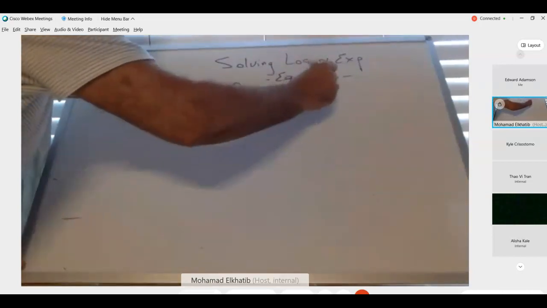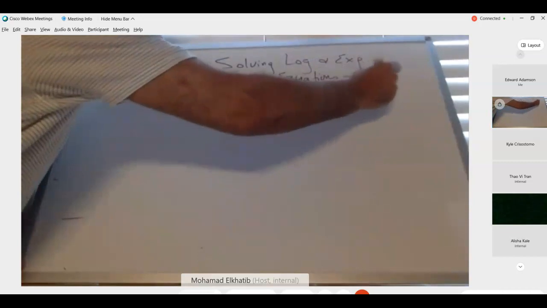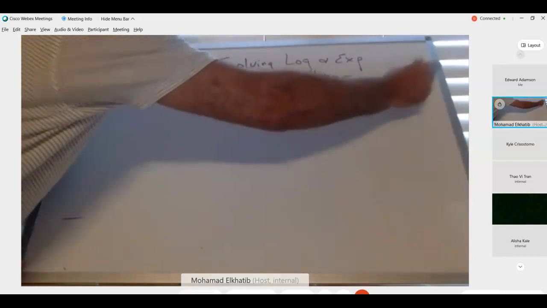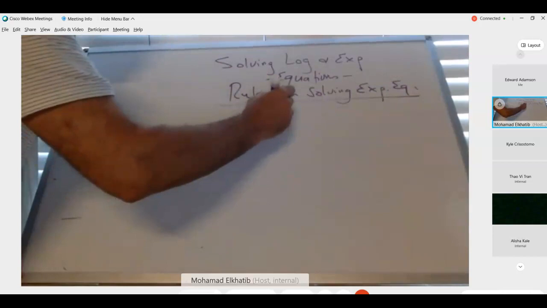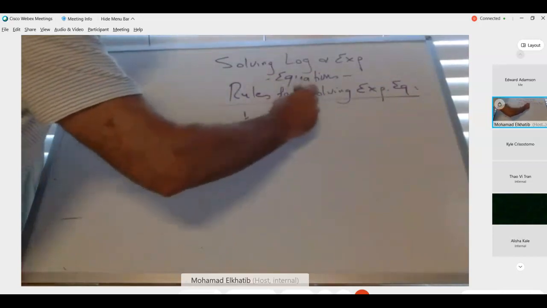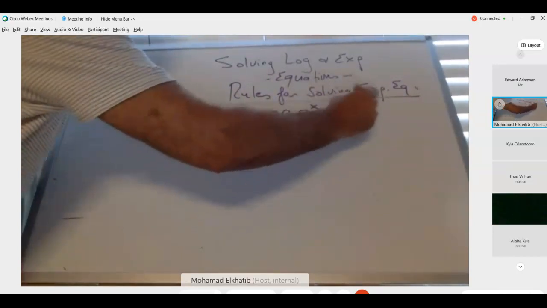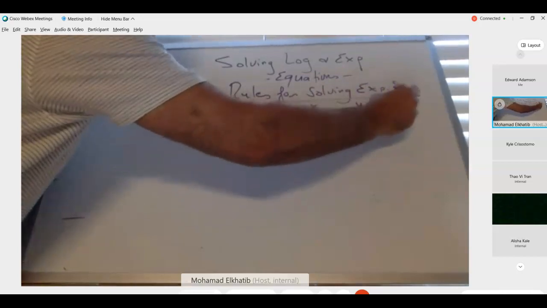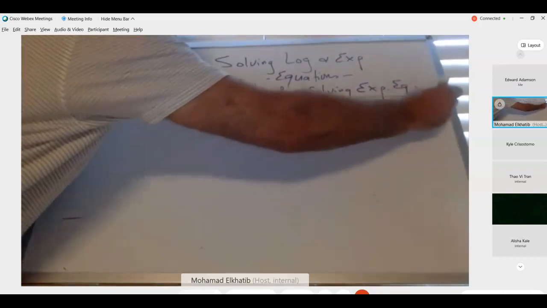Rules for solving exponential equations. Rule number 1: if a to the power x equals a to the power y, then make x equals y.